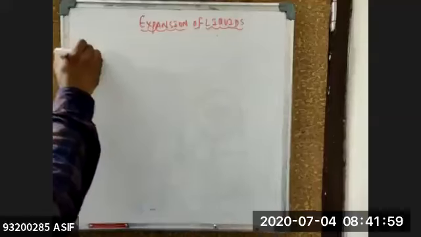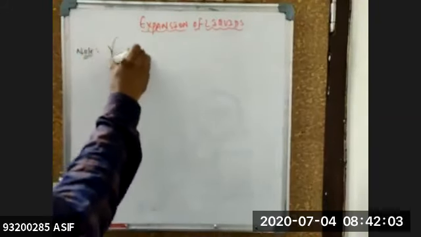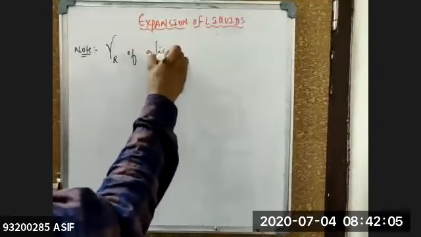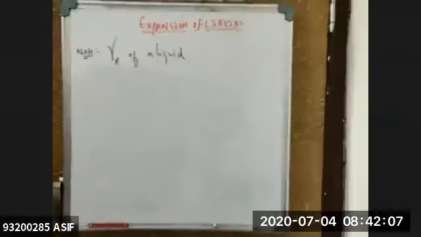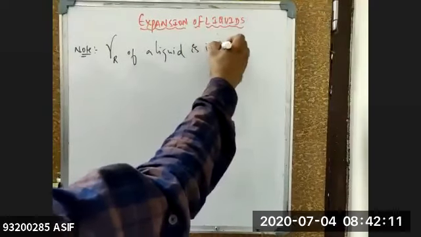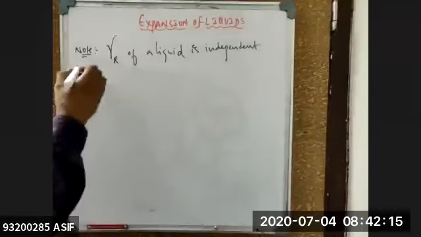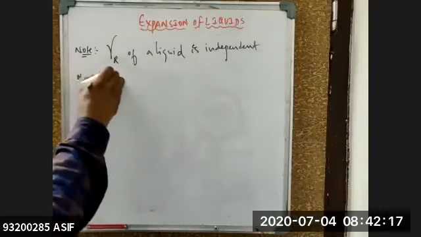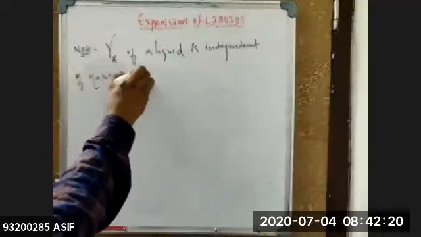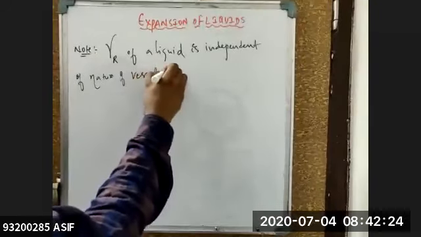Keep a note, better. Gamma R of a liquid, the real expansion, is independent of the nature of the vessel.